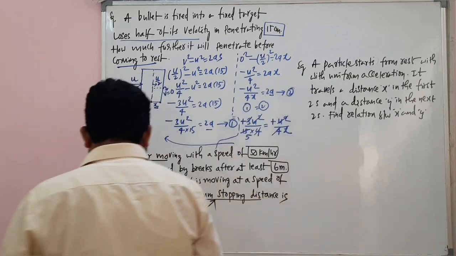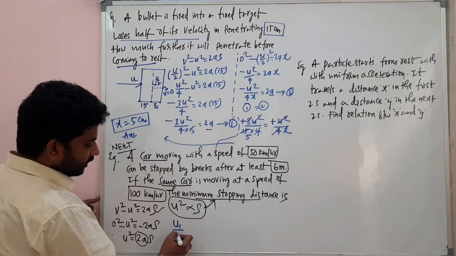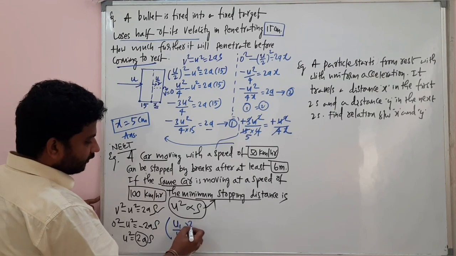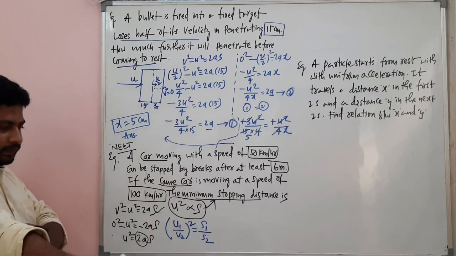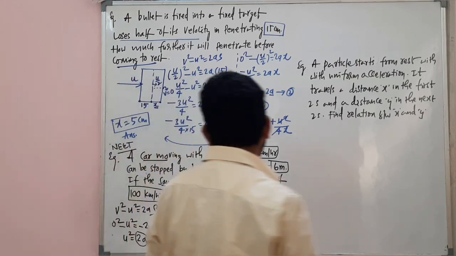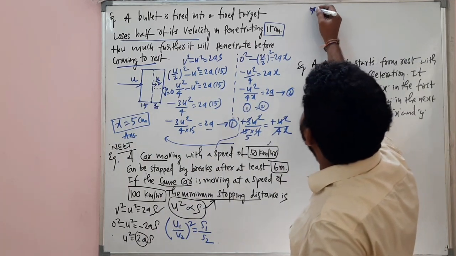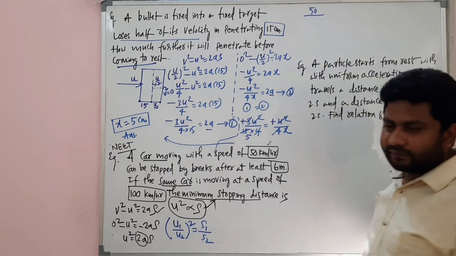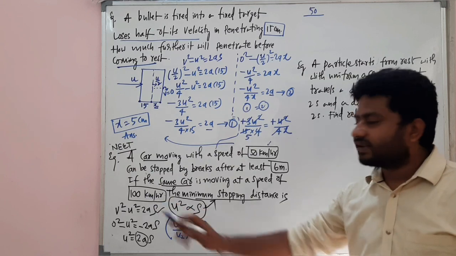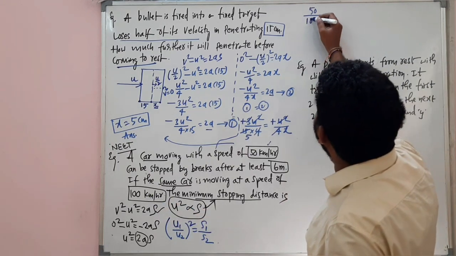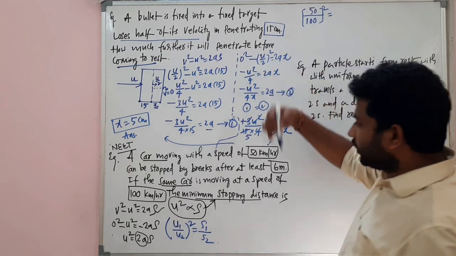Alright, now from here you can write it as u1 by u2 whole square, which is equal to s1 by s2. And what is u1 by u2? Initial velocity is given as 50 in kilometer per hour, right? 50 divided by, the initial velocity in the second case they gave as 100. So 50 by 100 whole square is equal to s1 by s2.